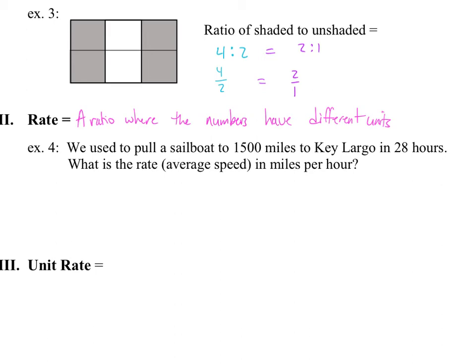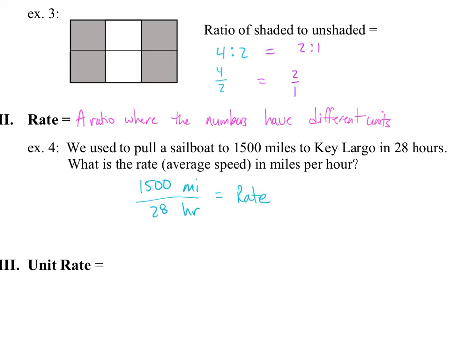You would just take your information and say you went 1,500 miles. In this case, we have to put units on there just because they're different units. For ratios, if it's just a strict ratio, you don't need those. Per 28 hours. This is a rate.